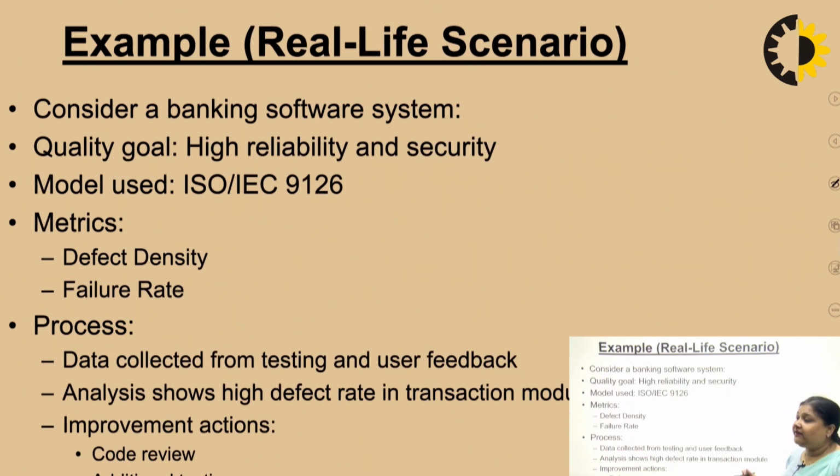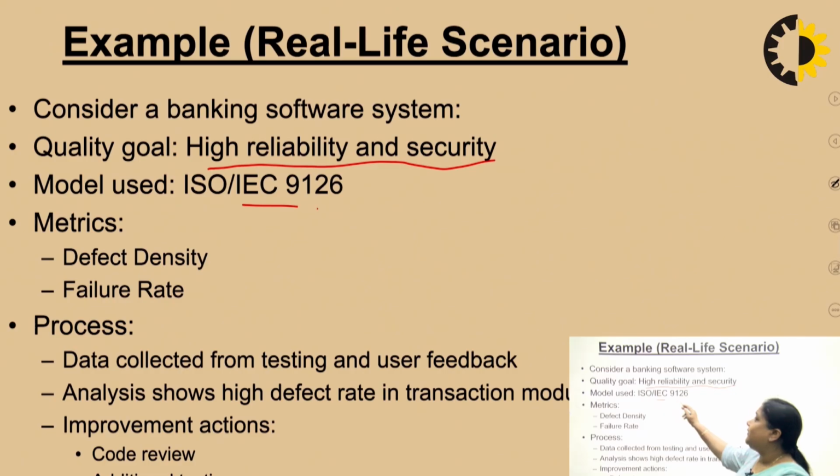For example, if we take a real-time example, for a banking software system, quality is very important: high reliability and security. This is the major concern if we are talking about banking software. So the model used is ISO IEC 9126 and the metrics are defect density and failure rate that we need to work upon. The process is data collected from testing and user feedback.